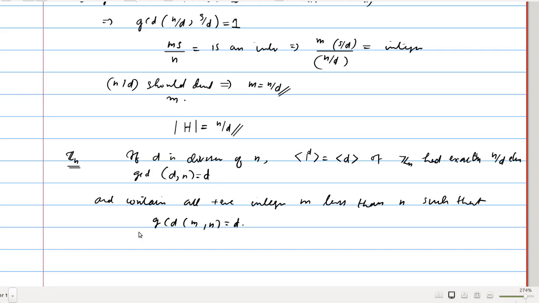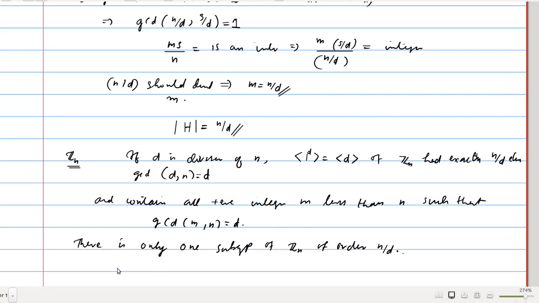That means these are the precise elements of the subgroup. Therefore, there is only one subgroup of Zn of order n by d.